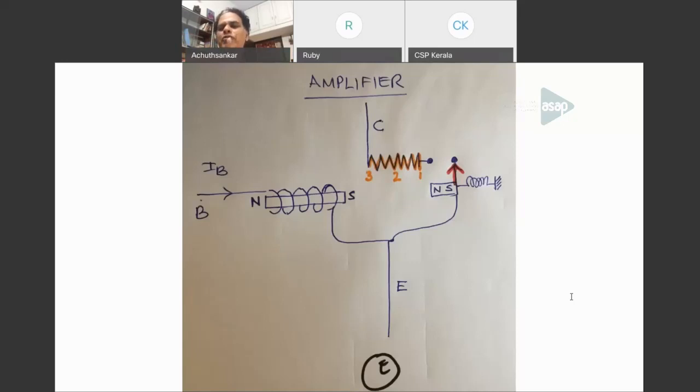That means if you send an AC signal into a transistor normally and you have set everything for amplification, it will only amplify the positive cycle of it. For the negative cycle, you will see that there is nothing, no output in the collector emitter circuit.